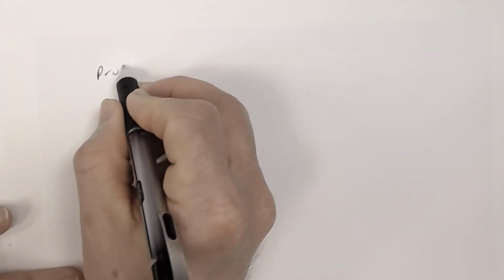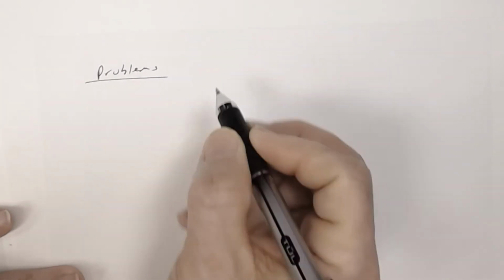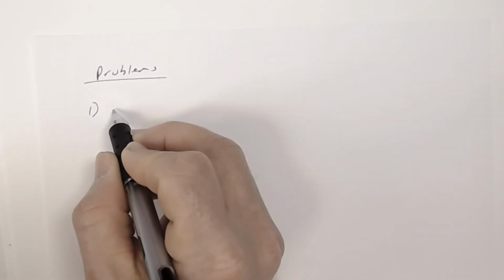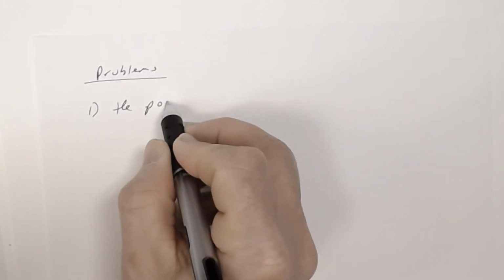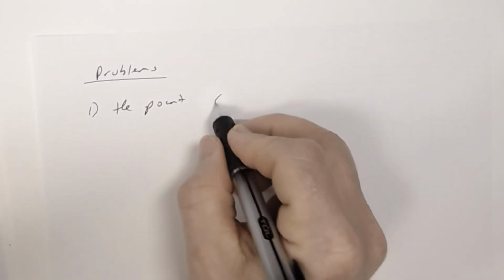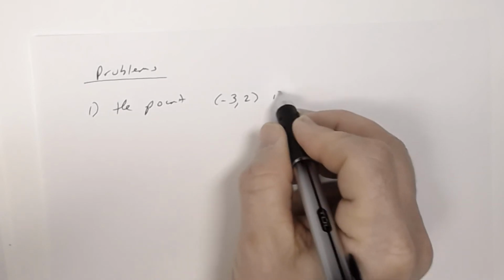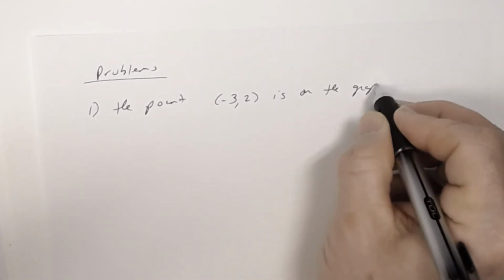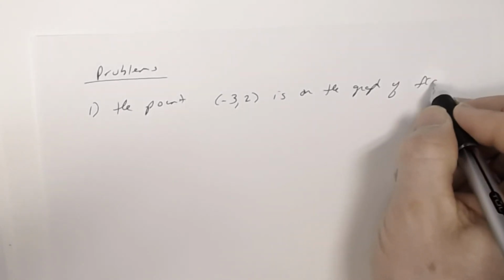So these will be just a few problems. Suppose that we have this. Number one, the point (-3, 2) is on the graph of f of x. Okay?